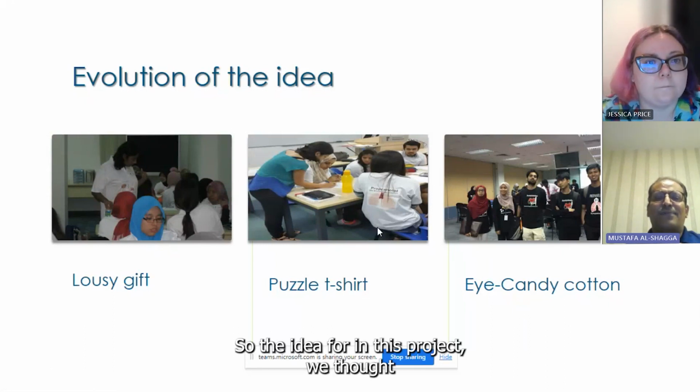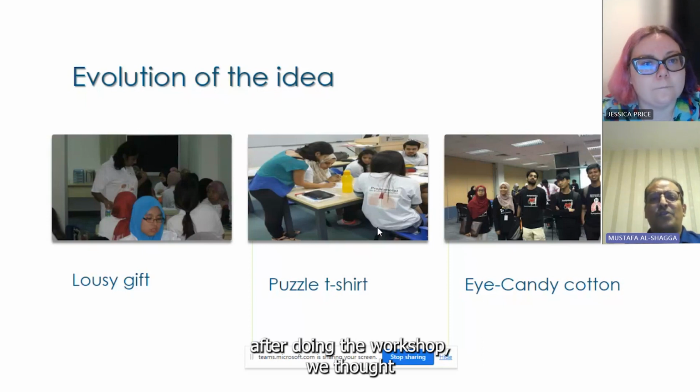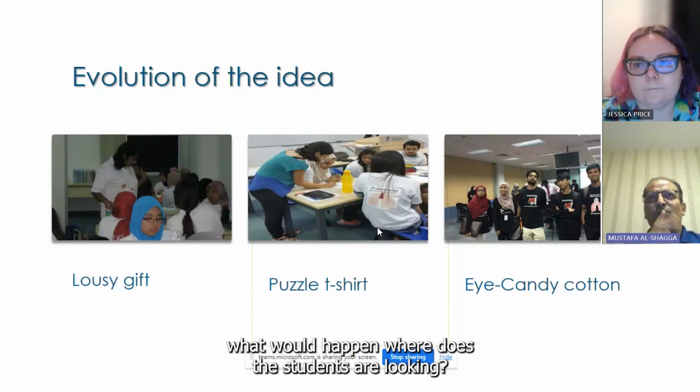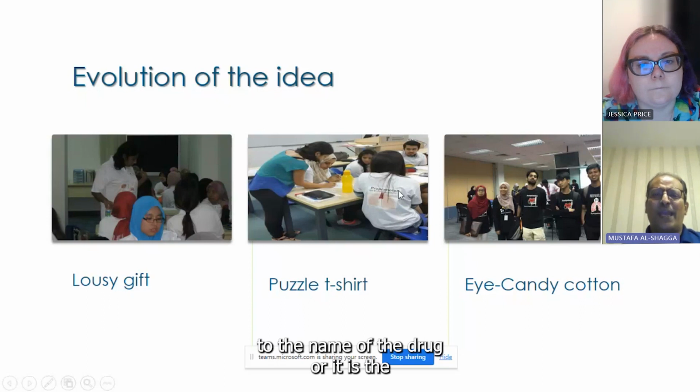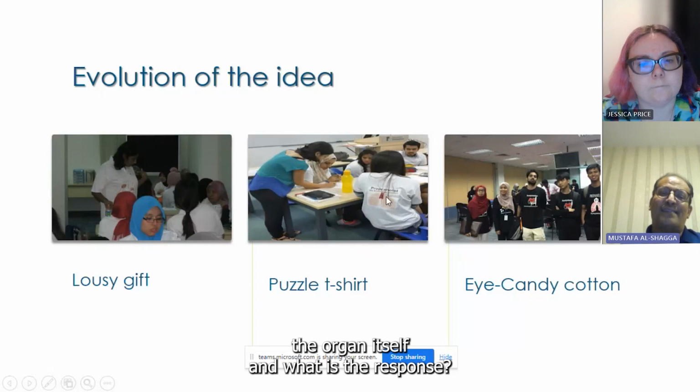The idea in this project, after doing the workshop, we thought: what will happen? Where are the students actually looking? We want to know exactly whether they are more attracted to the name of the drug or to the organ itself, and what the response is.